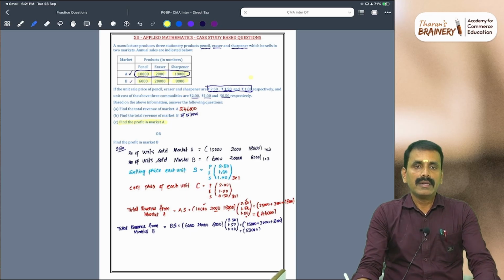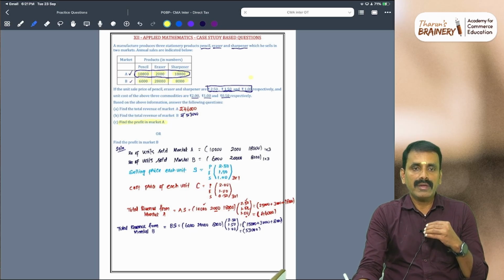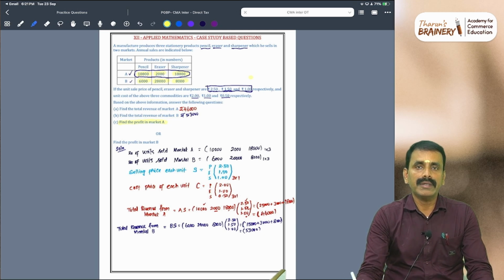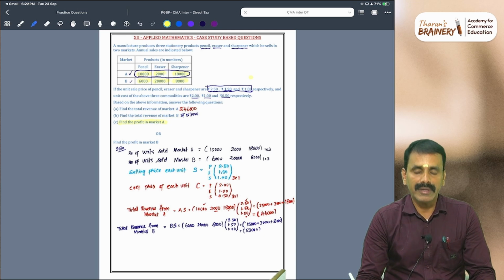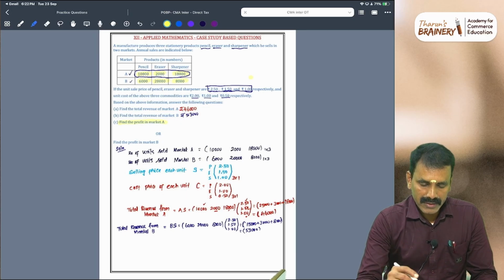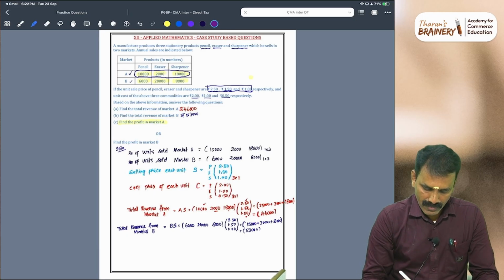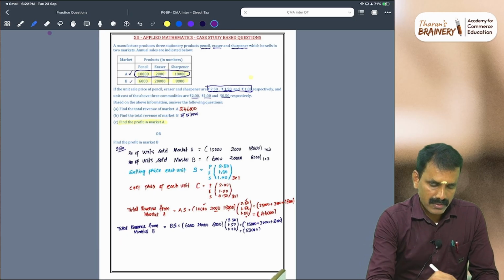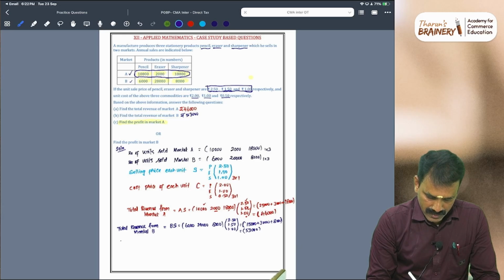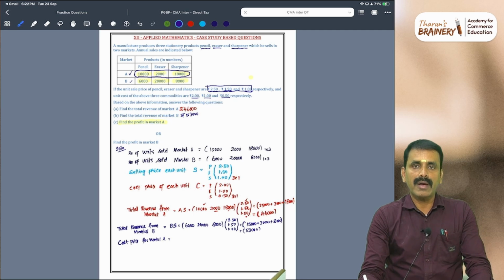find the cost, that is the expense we incur in producing that product for market A. That is the cost price we have to calculate. Now we will try to calculate the cost price for market A. How to calculate cost price for market A?